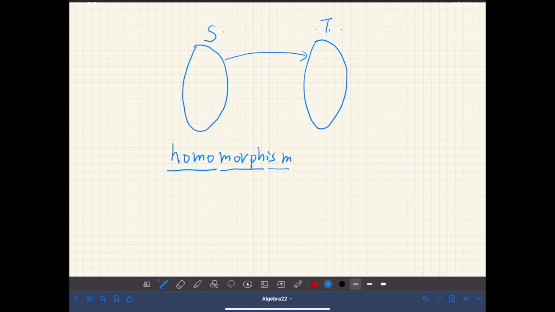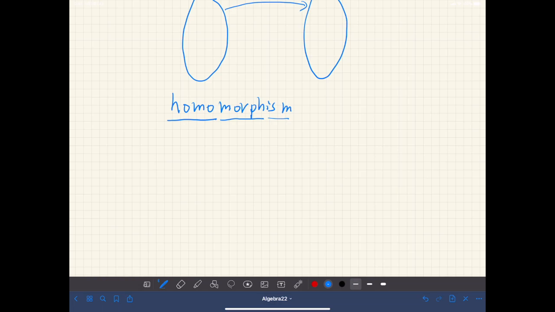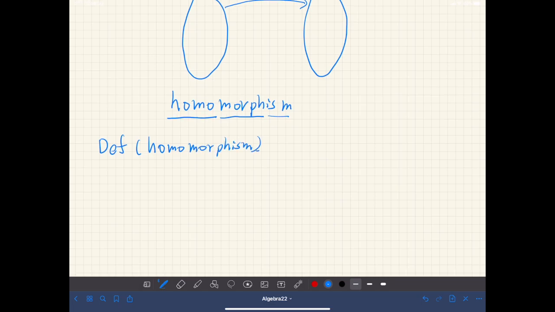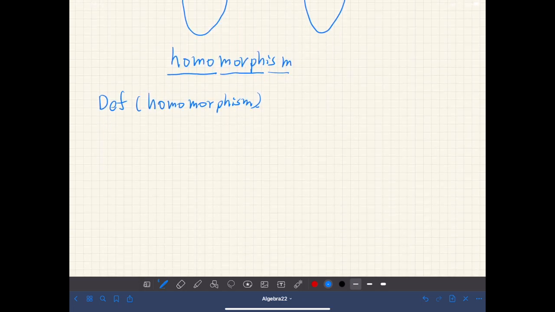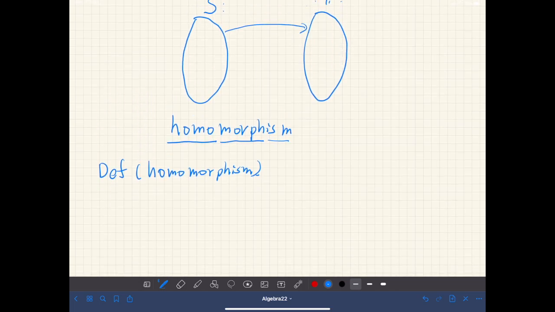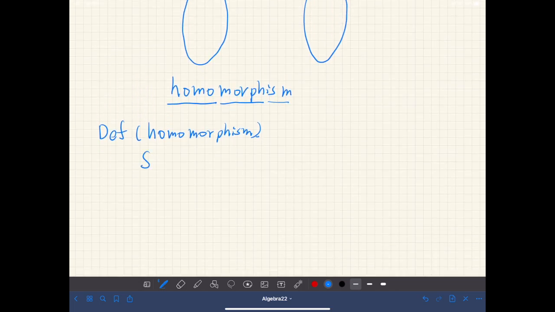More specifically, when we say structure preserving, what we mean is the following. Let's define homomorphism. Let's say we have two groups, S and T, and okay, not just groups. Let's consider semigroups, S and T. Groups are semigroups also.